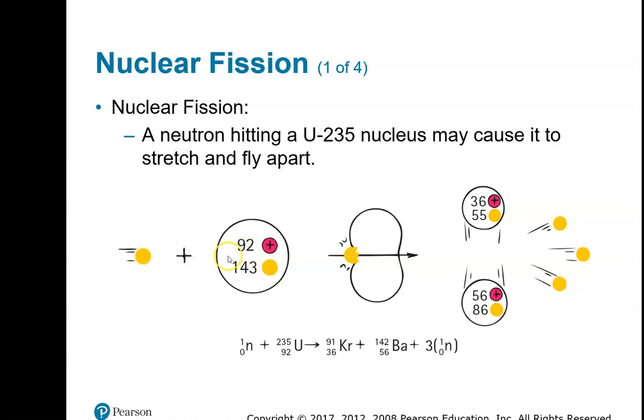If you hit it with a neutron, and this seems trivial, but it's not trivial, this large atom will break apart and you'll get 2 atoms: an isotope of krypton, krypton-91, and barium-142. And these are highly radioactive, by the way.